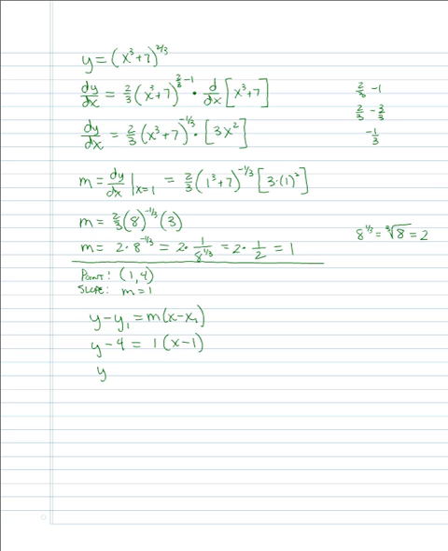Well, that becomes y minus 4 equals 1 times (x minus 1), which is just x minus 1. We'll add 4 to both sides, and that simplifies, you can see, to y is equal to x plus 3. So here's the equation of the tangent line at x equal 1.